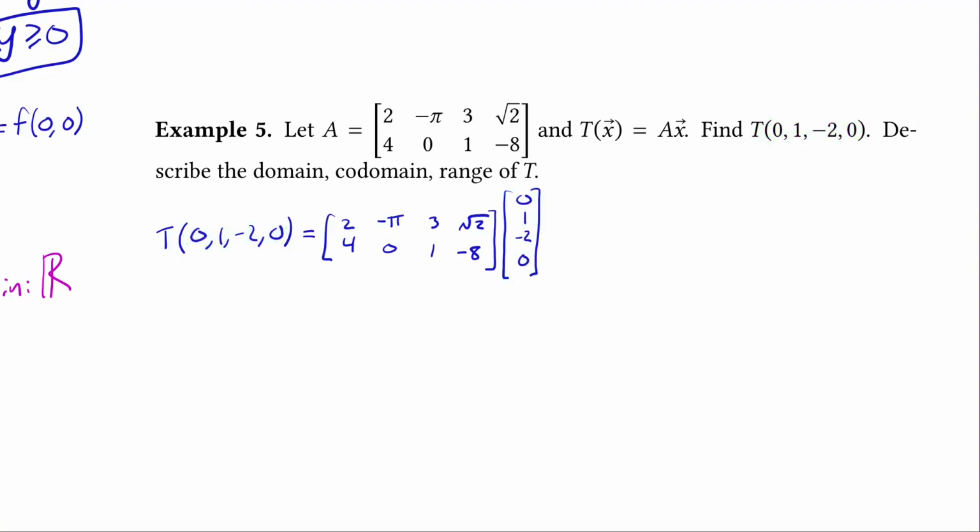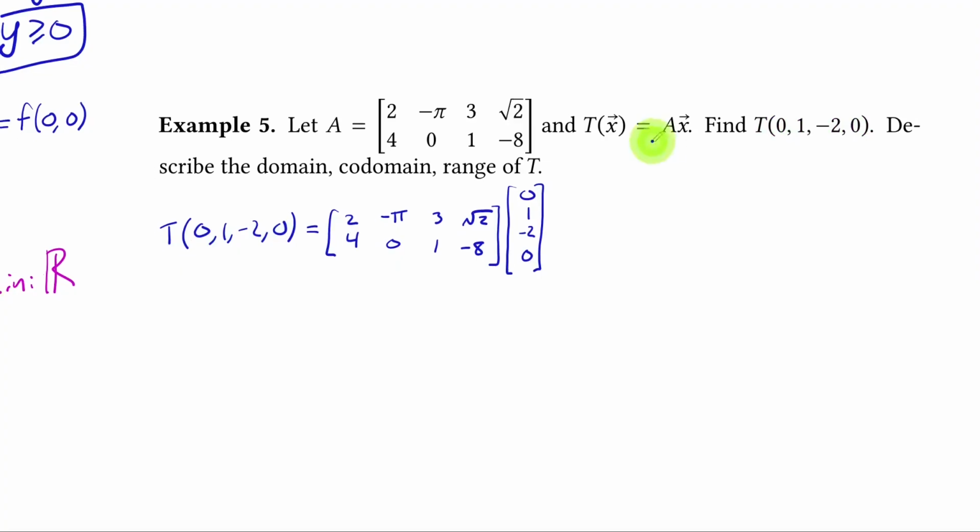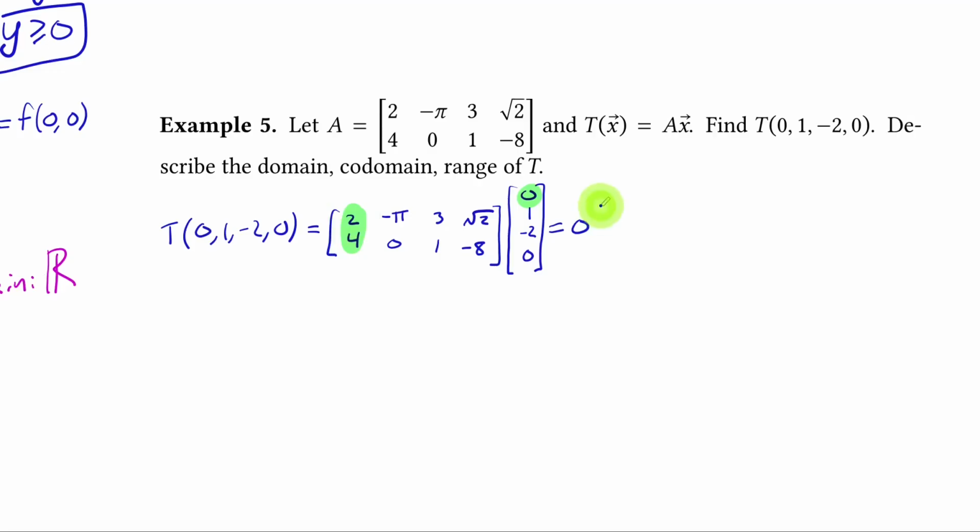So that's the same thing. And we're just multiplying A by that, like the formula for the function says to do. And we know the definition of this is just doing the linear combination, where we take the entries in x and use them as scalar multiples of the column vectors of A.